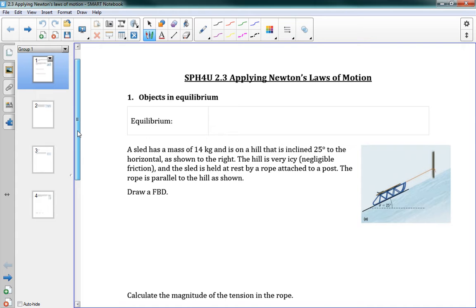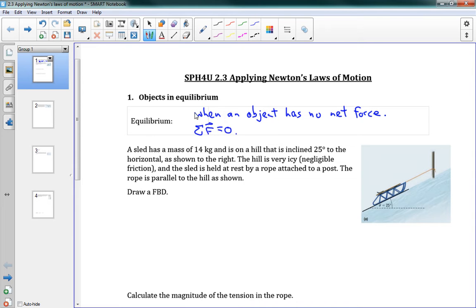One where our objects are in equilibrium, and equilibrium is when an object has no net force. That's when an object is in equilibrium. So this means that the net force is equal to 0.